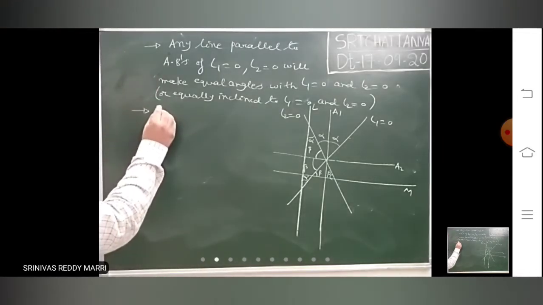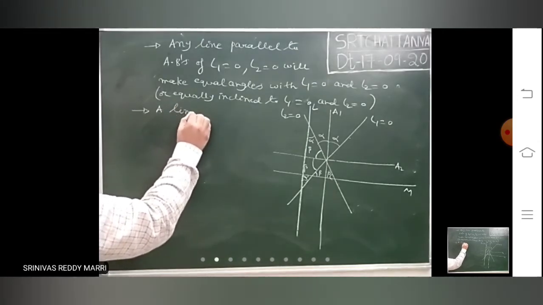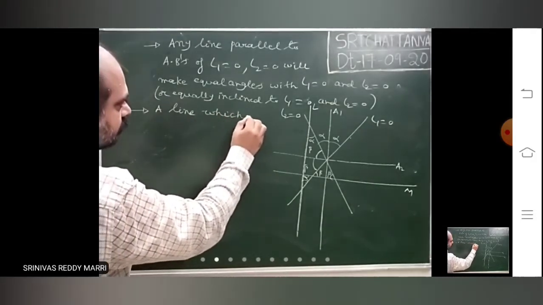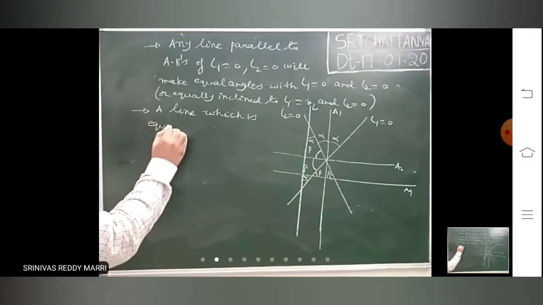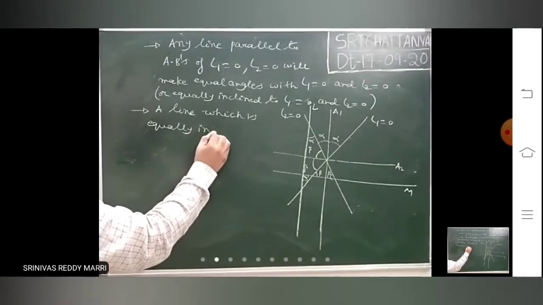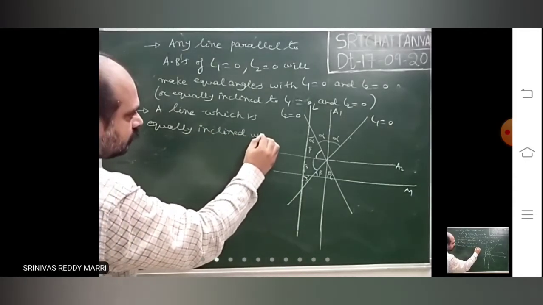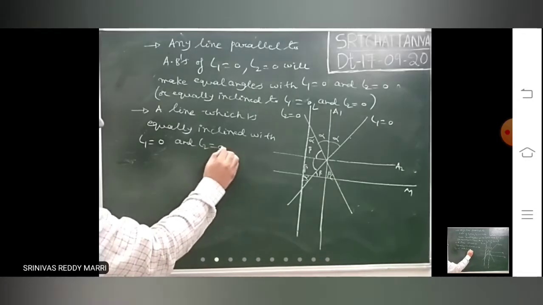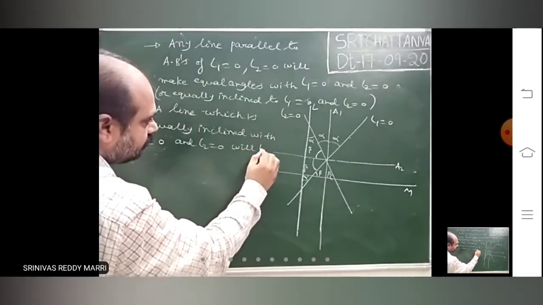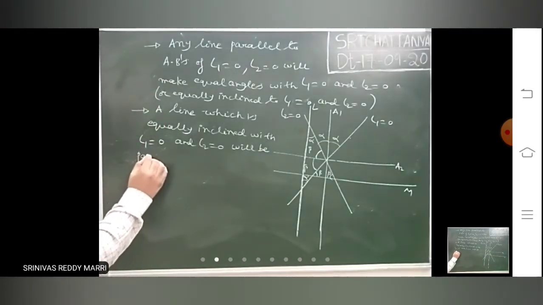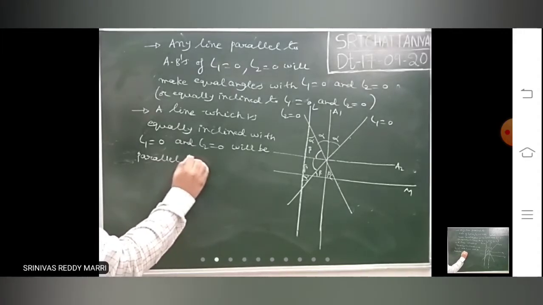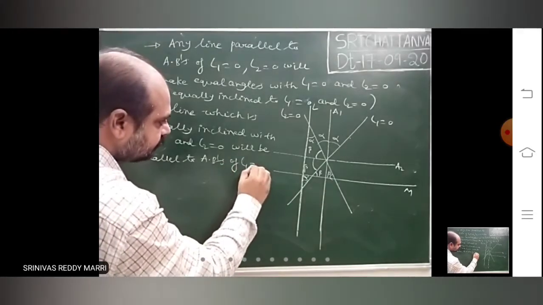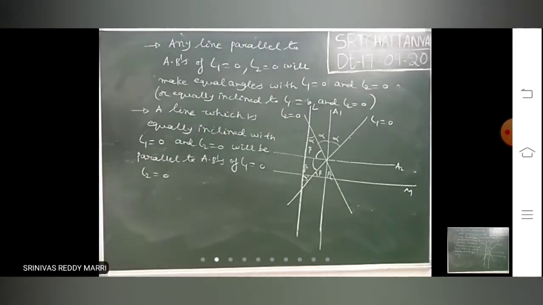That means a line which is equally inclined with L1 equal to 0 and L2 equal to 0 will be parallel to angular bisectors of L1 equal to 0 and L2 equal to 0.